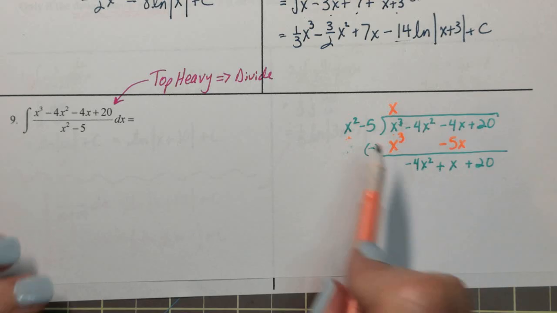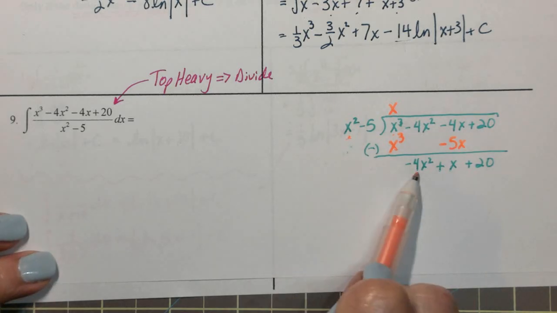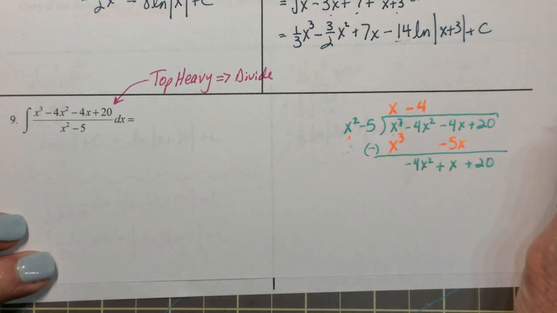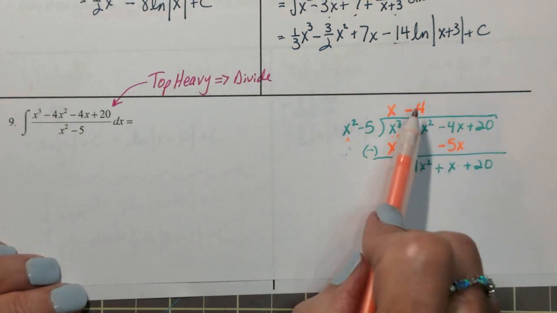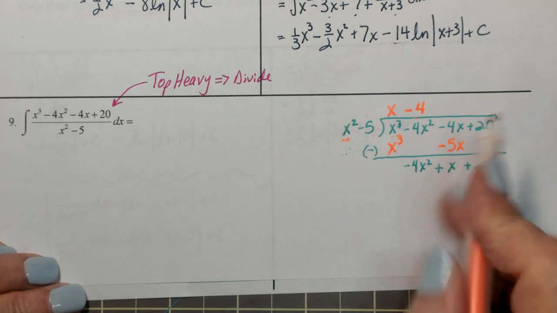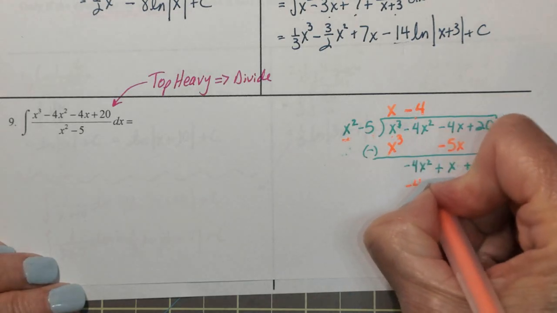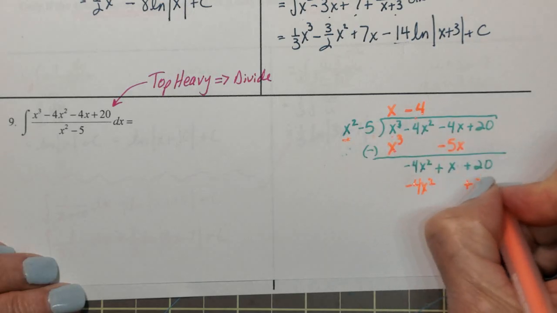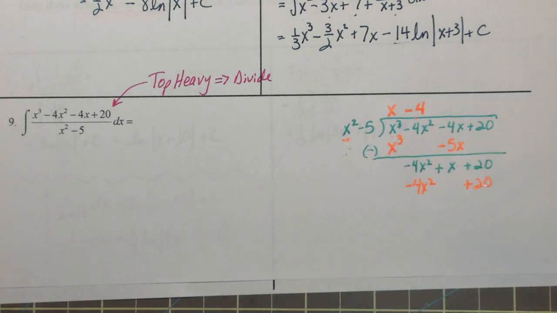Now what do you multiply x squared by to get negative 4x squared? Well, you multiply by a negative 4, right? Now I'm going to distribute that negative 4 through these and write it here. So we will have that negative 4x squared plus 20. So I'm going to line it up underneath the other constant.